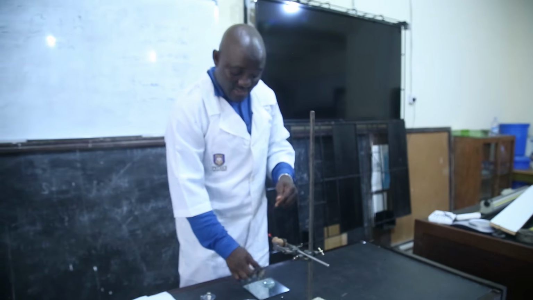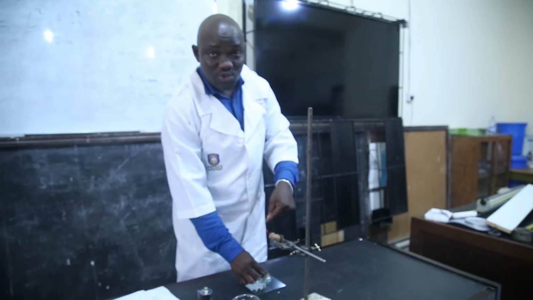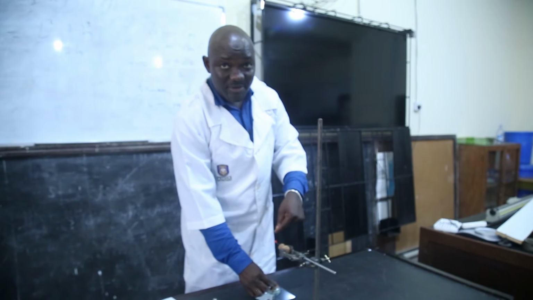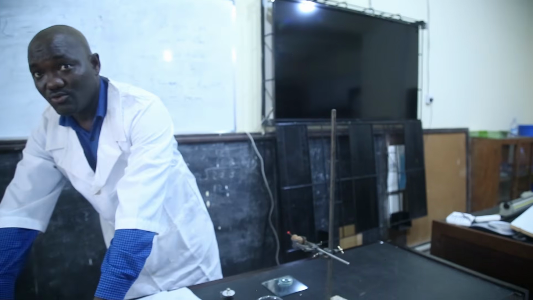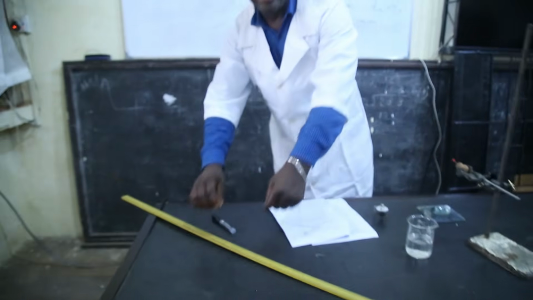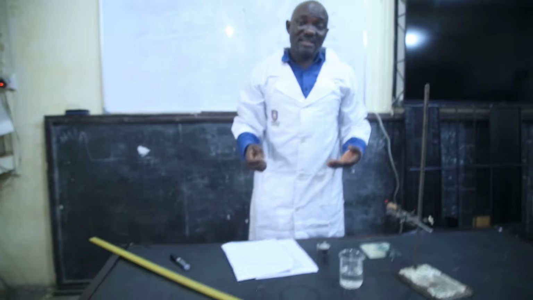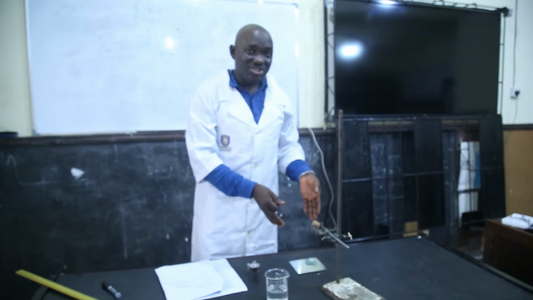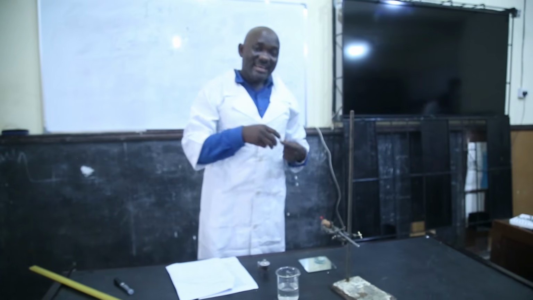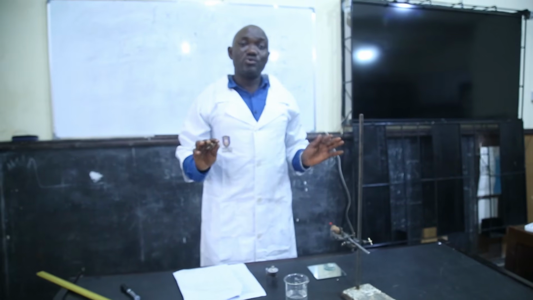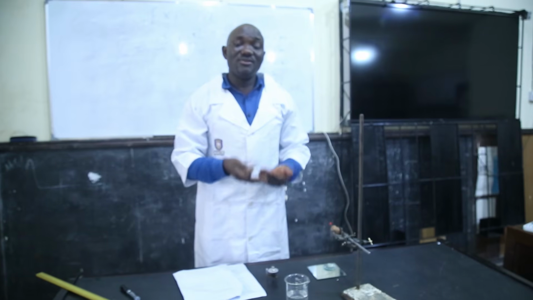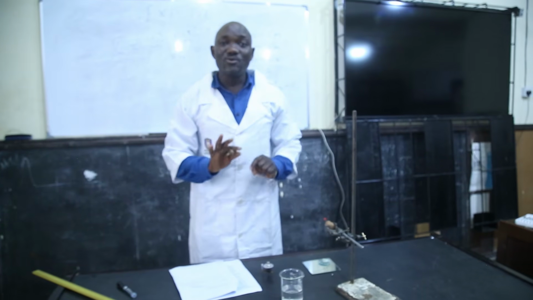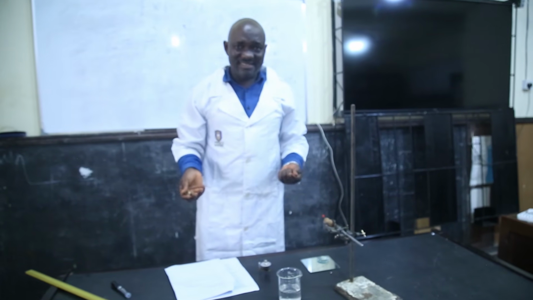You remove this. You also use the plumb line to get your D2 from the surface of the plane mirror. Then you place it beside the meter rule. We've done this. The only thing we are introducing is the unknown liquid. So basically the difference between this approach and the former one is the introduction of the unknown liquid. But this time around, the unknown liquid we are talking about is water. So I believe that is done.